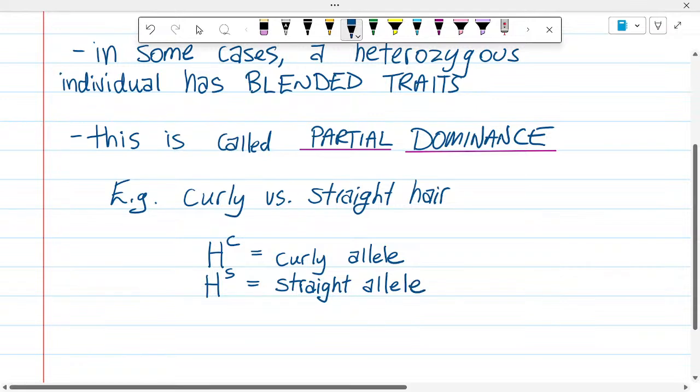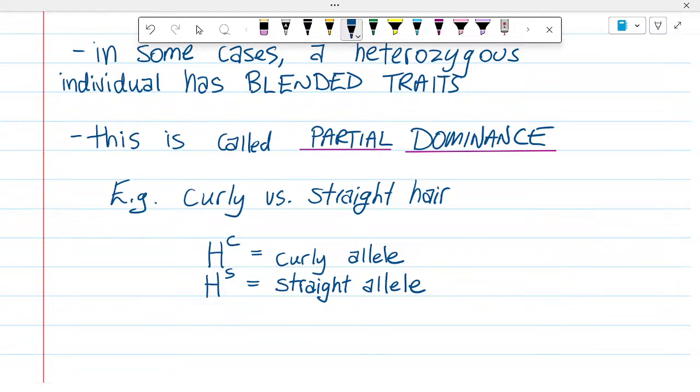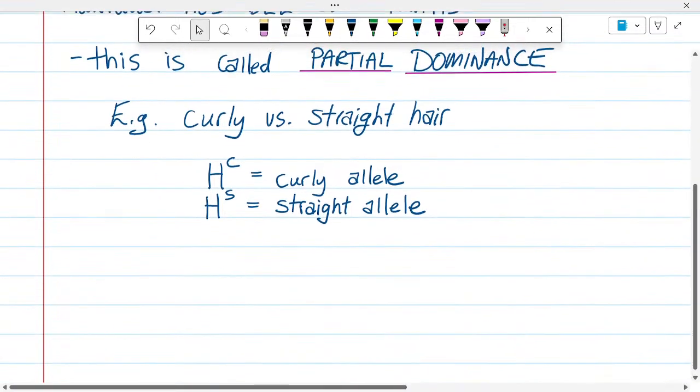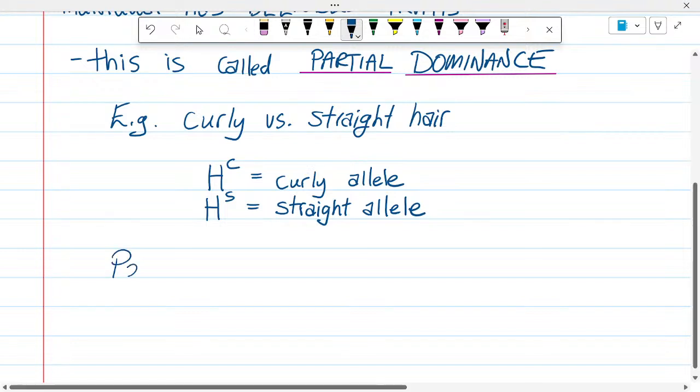All right, so if those are the alleles, what are the possible genotypes? And what are the possible phenotypes? But first we'll get to genotypes.